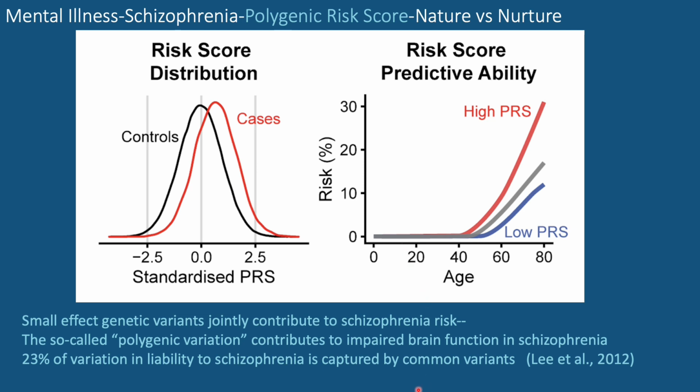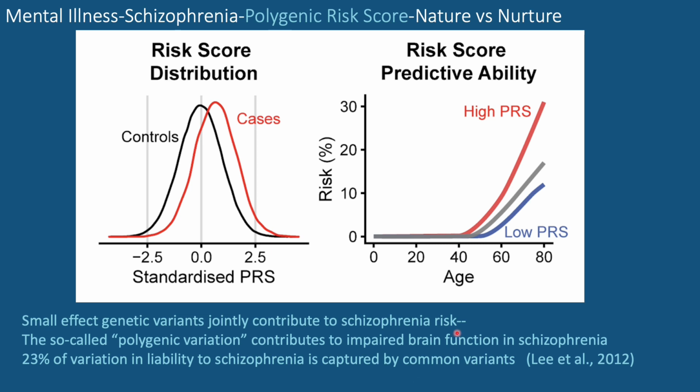When we look specifically at schizophrenia, the polygenic variation contributes to impaired brain function in schizophrenia for 23% of the risk of developing schizophrenia.